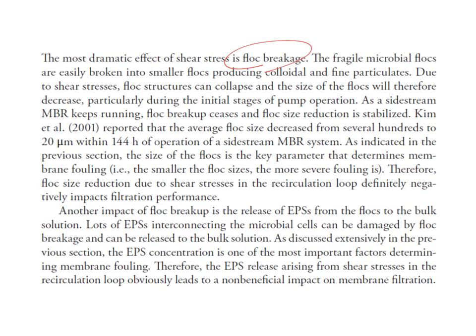So by having very high shear stress, we'll have a problem of breakage and disintegration. So this will cause the reduction in floc size and increase in EPS concentration, so that we'll have the membrane fouling. The effect of this floc size and EPS are explained in this page.